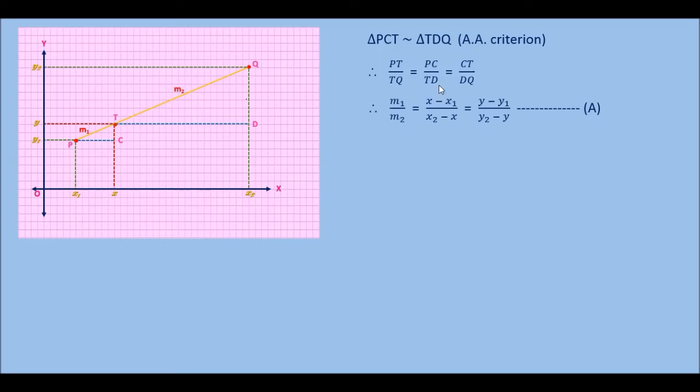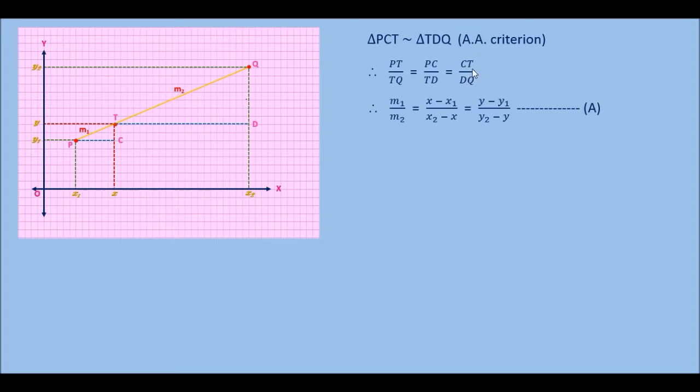For TD, this is the line TD. Again, they are on the same horizontal straight line. Therefore, their ordinate values are the same, namely y. What is differing is the abscissa value. So it is d minus t, and for d the abscissa value is x2. So it is x2 minus x. This is the denominator.